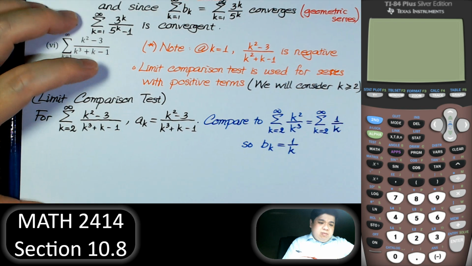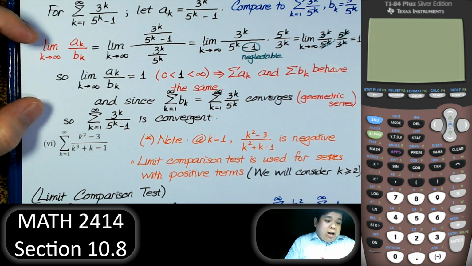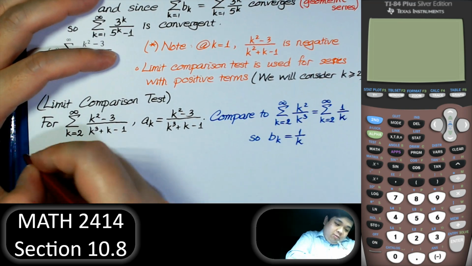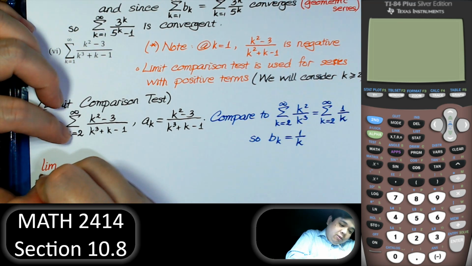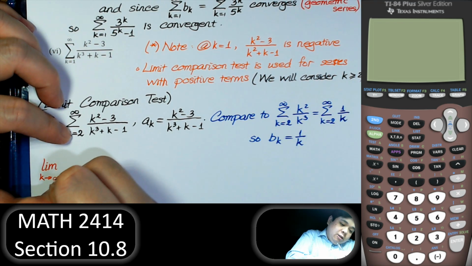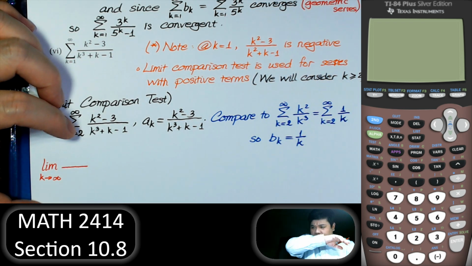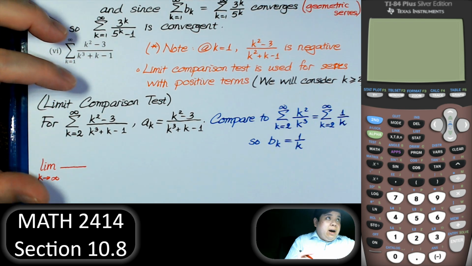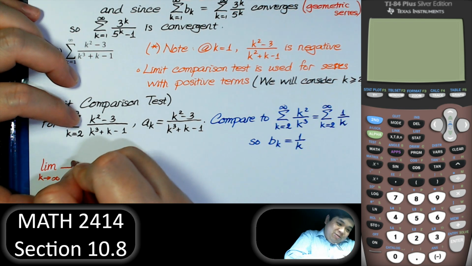And then of course we still need to show that the limit equals a number between 0 and infinity. I didn't say that the limit comparison test is easy. I say that it is easy to use, but it's not the most direct solution.